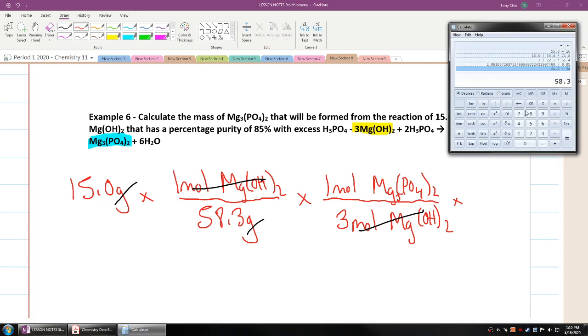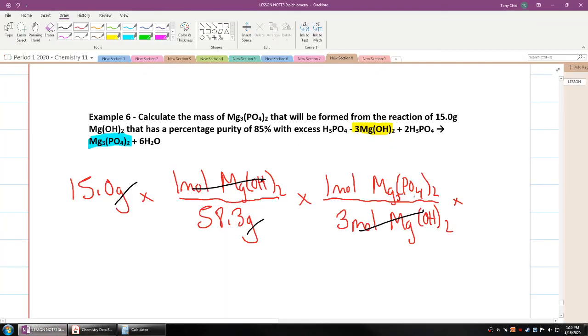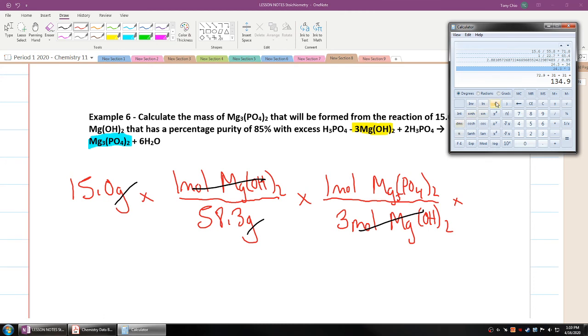Well, I have 3 magnesiums, so if each magnesium is 24.3, I multiply that by 3. I have 72.9 grams of magnesium per mole. I add that to 2 phosphorus, so 31 plus 31. And I add that to, in this case, 8 oxygens, so 8 times 16, which equals 262.9.